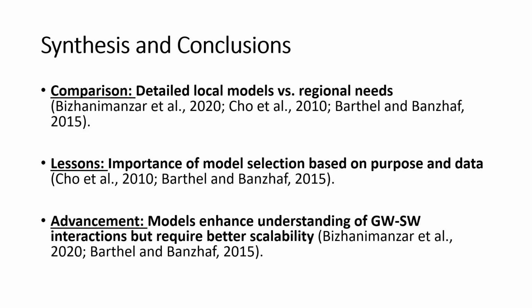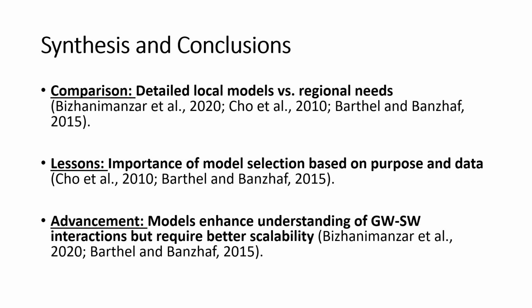And in conclusion, we can say that it is so important to understand how surface water and groundwater interact with each other. Regarding agriculture, in the first one, in the catchment area, comparison is so important.